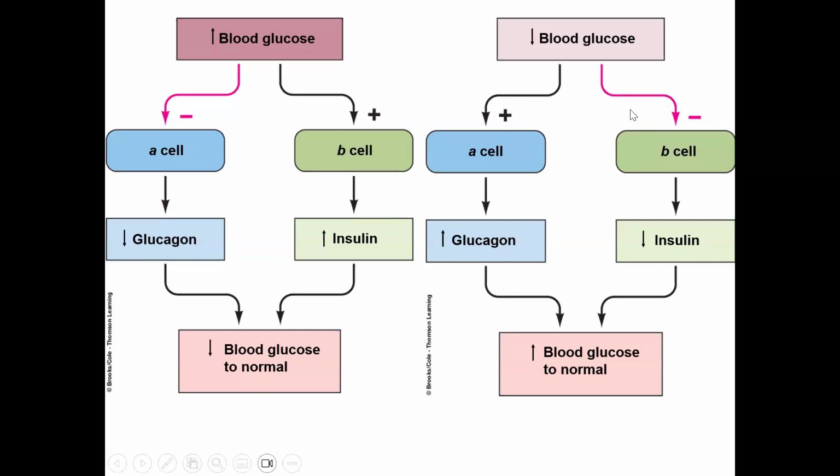So in the case of decreased blood glucose level, the pancreas responds by increasing glucagon secretion and decreasing insulin secretion. Now when glucagon is more in amount, it will be more dominant, and the effect of glucagon is to increase the blood glucose level. So as a result, blood glucose will come to normal levels. So these are the stimuli for the release of glucagon and insulin.